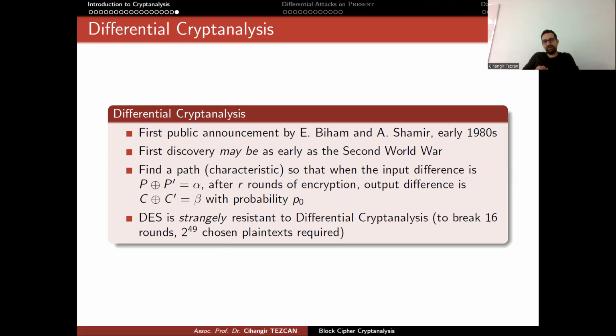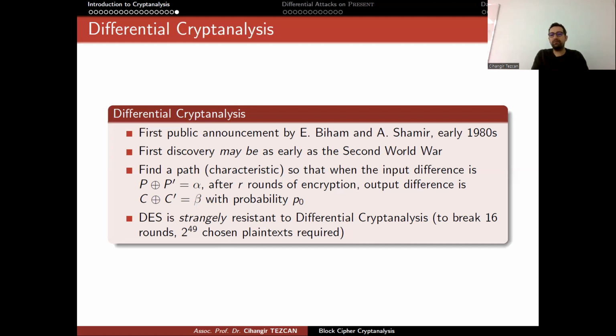This was surprising for Biham and Shamir because they were able to break some ciphers, but they couldn't break this one in a practical way. Later on we discovered that this was due to the NSA, because the NSA changed the S-boxes of the initial design that was designed by IBM.